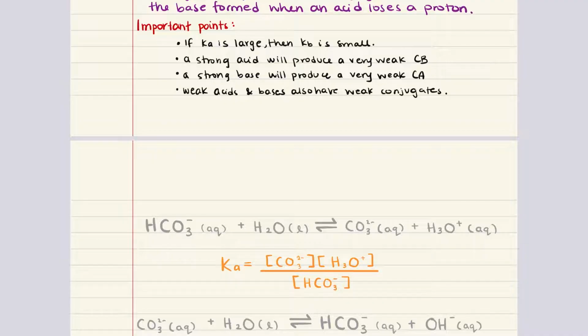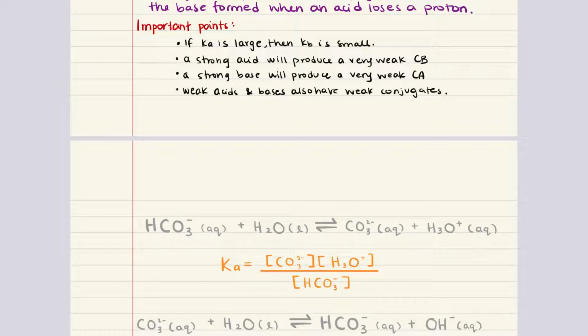You should also know the strength relationship. The strength of an acid is inversely related to the strength of its conjugate base. A strong acid which dissociates completely has a weak conjugate base. Similarly, a strong base has a weak conjugate acid.